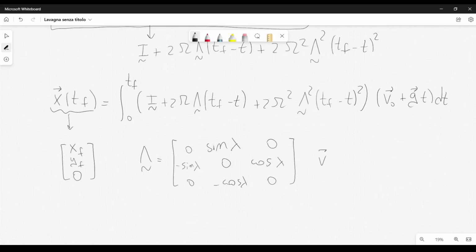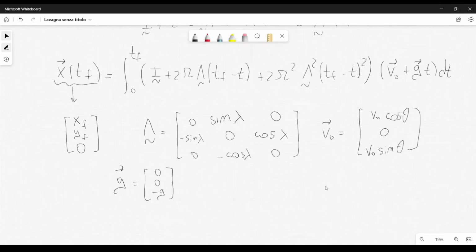Then you have the vector v0, which is v0 cosine theta, 0, v0 sine theta. Then you also have the vector g, which is 0, 0, minus g.